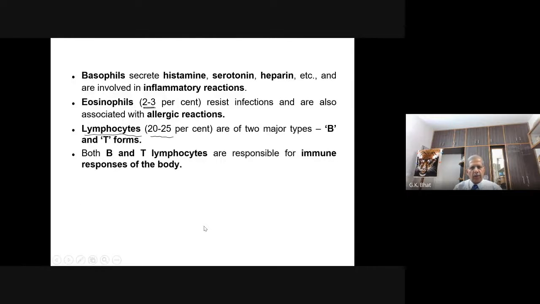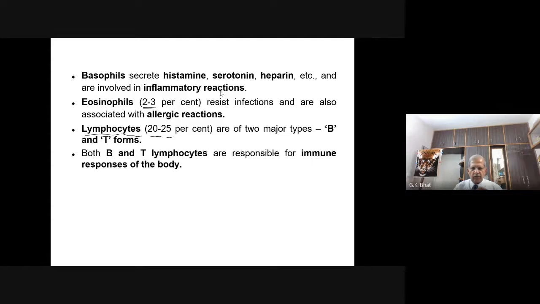Then, the basophils, which are least in number, secrete 3 important chemicals called histamine, serotonin, heparin, and are also involved in inflammatory reaction. Inflammatory reaction is the first response of the immune system, which involves the edema of that particular part of the body which is hurt, warmth, redness, and pain.